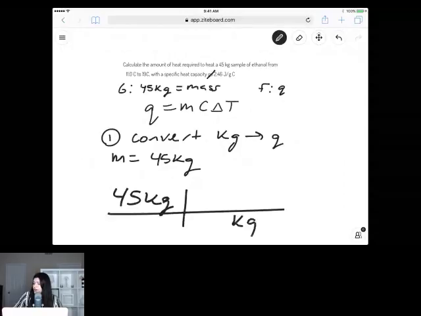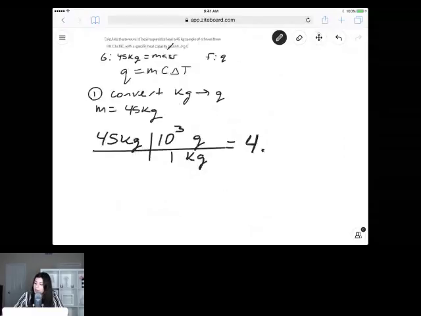So that's kilograms on the bottom per every gram on top. We said that the 1 goes with the different unit, which is kilograms, and 10 to the third. Okay, so really that's just being multiplied by 1,000, which I'm going to actually just convert to scientific notation to make life easier. So it would have been 4.5 times 10 to the fourth grams.